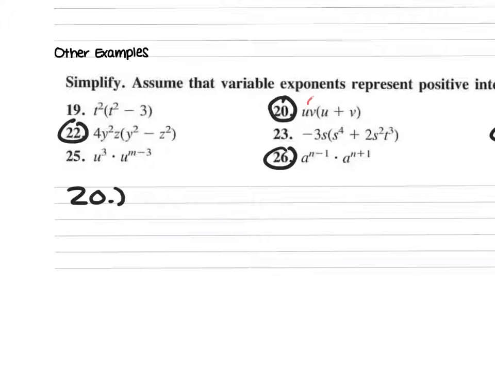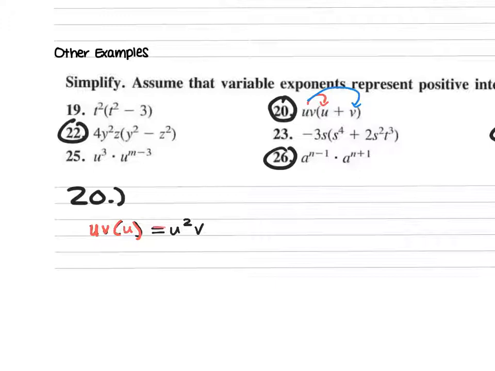So first you distribute UV to everything. And then you get UV, I already know. It would be U to the second power V, and then plus U V to the second power. I'm just going to go over this in red because I had color-coded this red and then I switched colors. I just don't want it to be confusing.